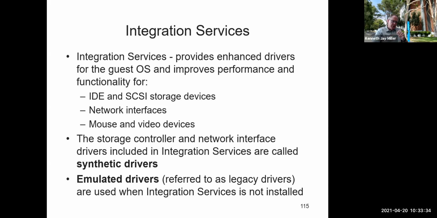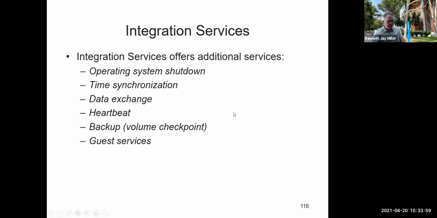It upgrades the network interface from a 1 gig to a 10 gig connection. And then it will use some of these improved network and mouse and video. Okay, and this is installed automatically. Once the VM's created, Microsoft Hyper-V will go ahead and install these.